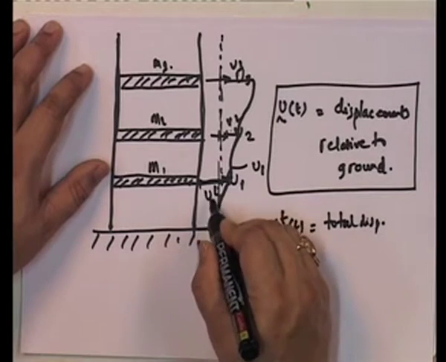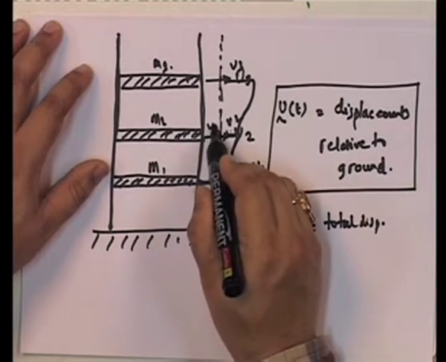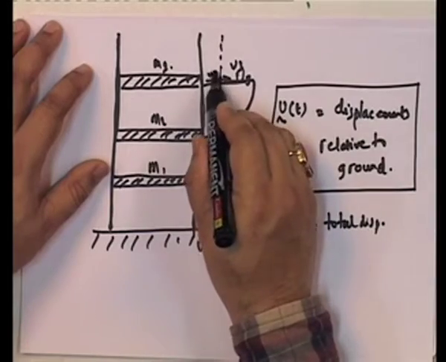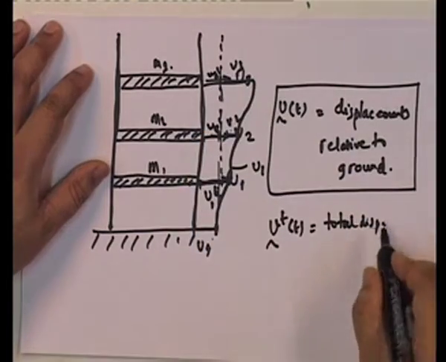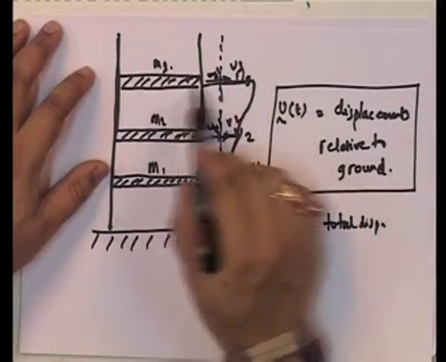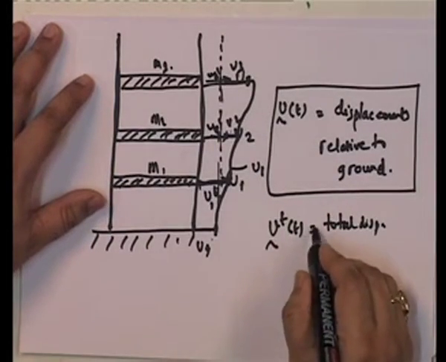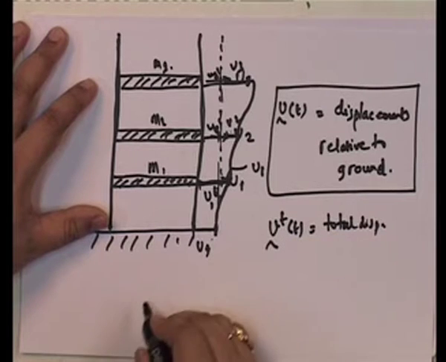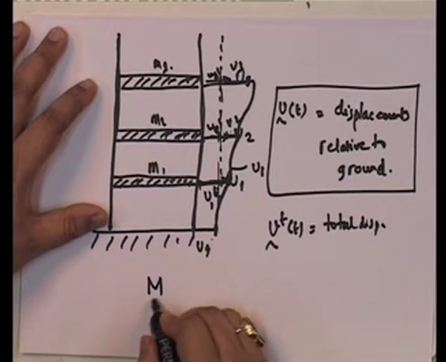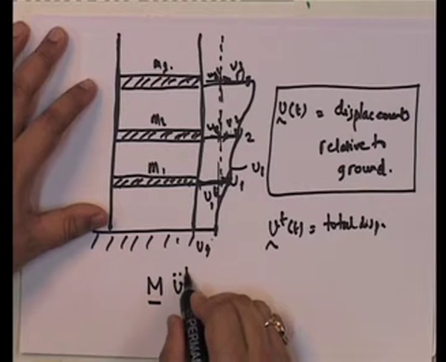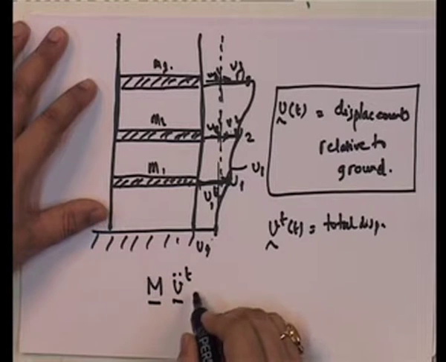That is called V total 1, this is V total 2, this is V total 3. Okay. And if you look at it, the masses are being subjected to these accelerations. So, they are being subjected to the relative accelerations. So, then what you have is m into V total double dot.